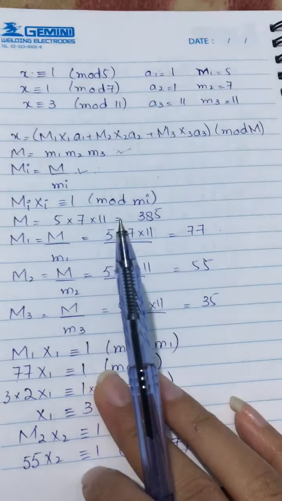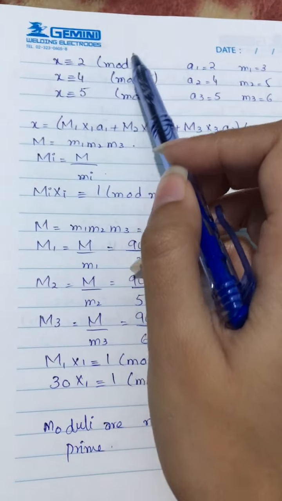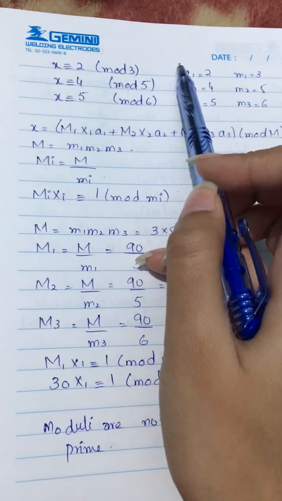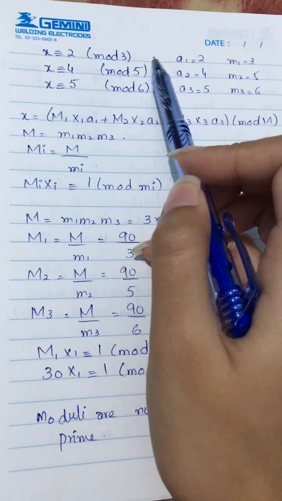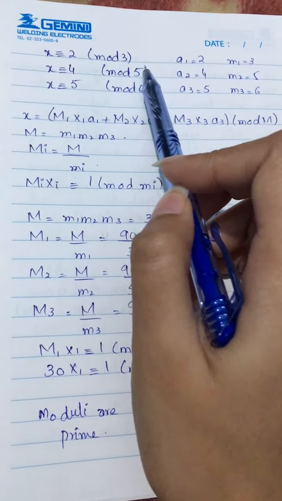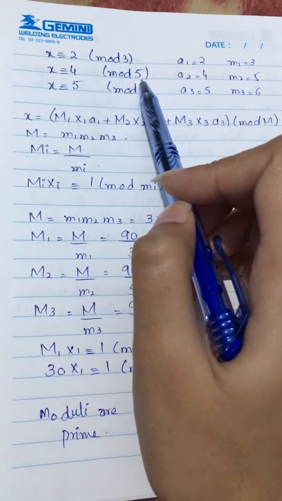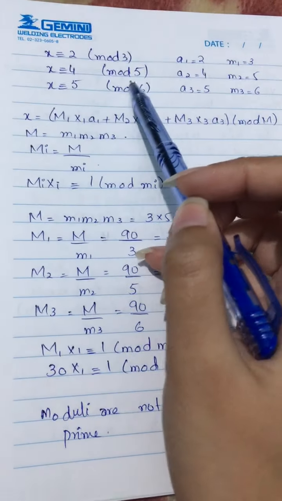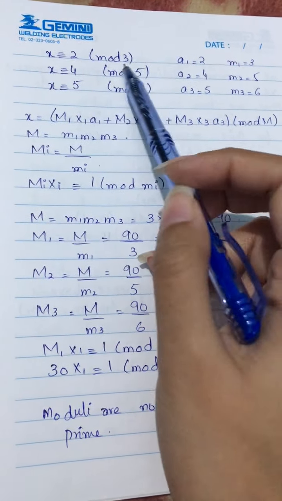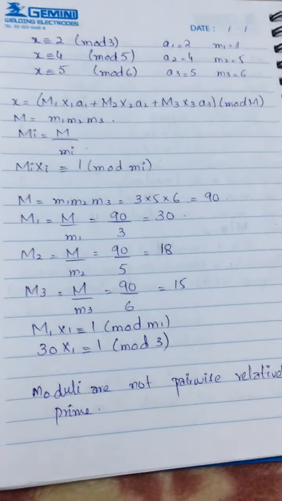If I have some other example, as you can see here, how do we solve it? If I check the GCD of 3 and 5, that is 1, but the GCD of 6 and 3 is 3. So that means these numbers are not relatively prime.